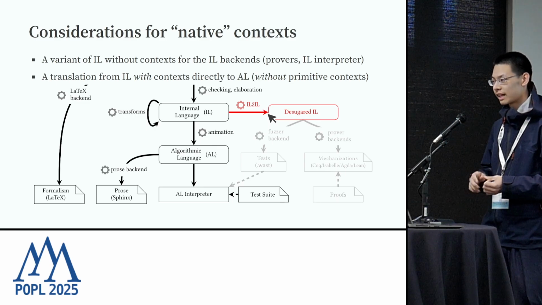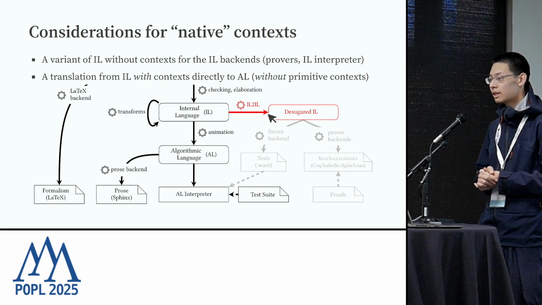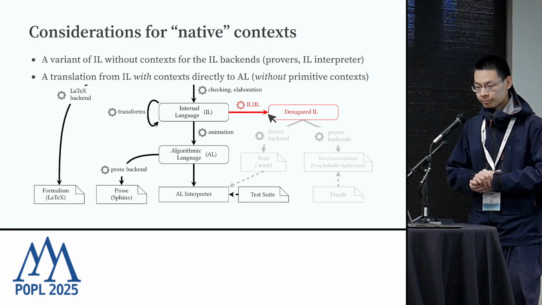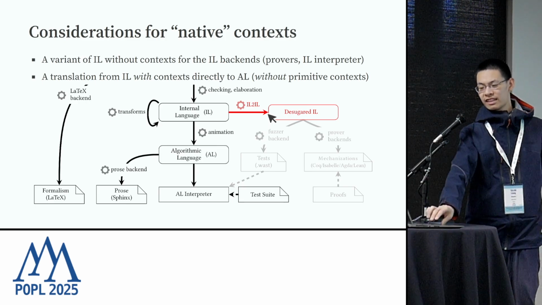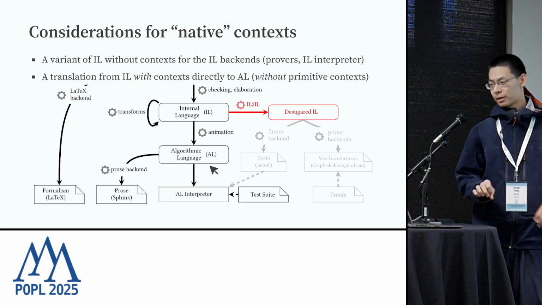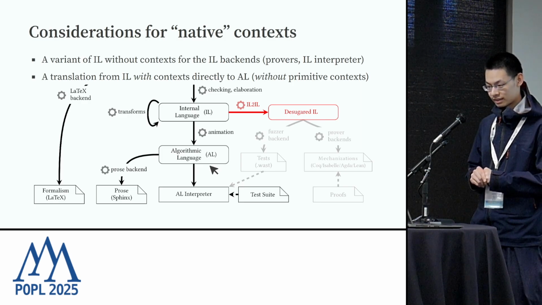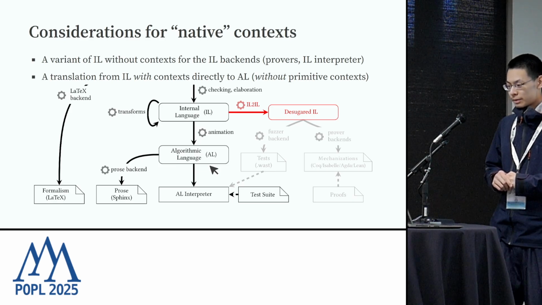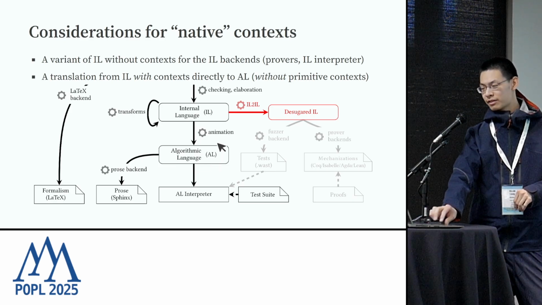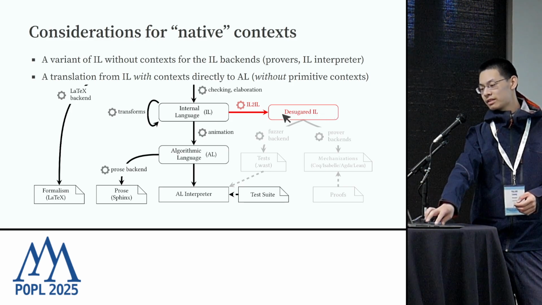That is only for the IL backends, the theorem provers, and a future potential IL interpreter. And another translation directly from the IL with the context to the algorithmic language, which is without primitive context. So we have two transformations that remove context from the language. One is the IL to IL pass, and one is the IL to AL pass.